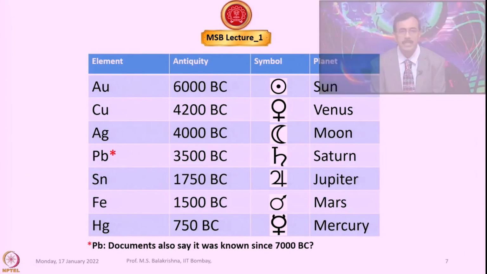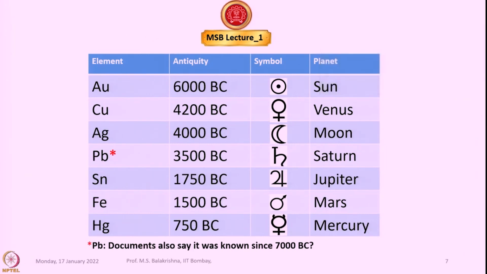And about 8000 years back, gold was known, and about 6000 years back copper and silver were known to mankind. Similarly, lead was known about 5500 years back, and tin about 3750 years back, and at the same time iron was also known.